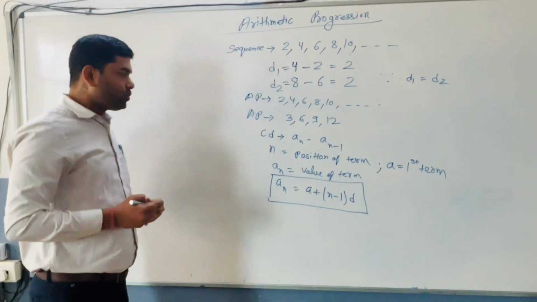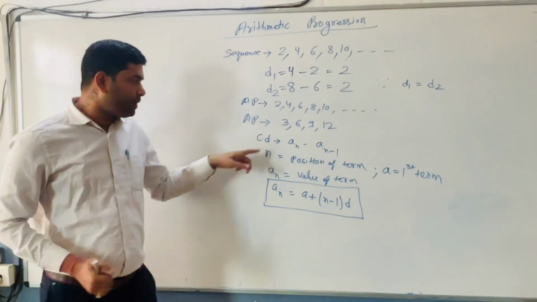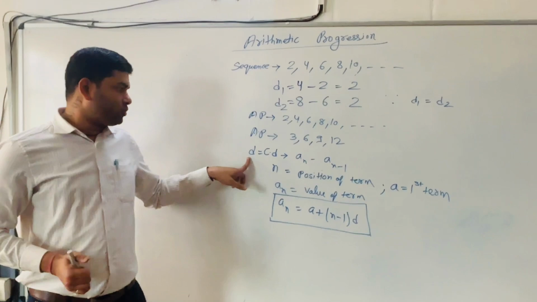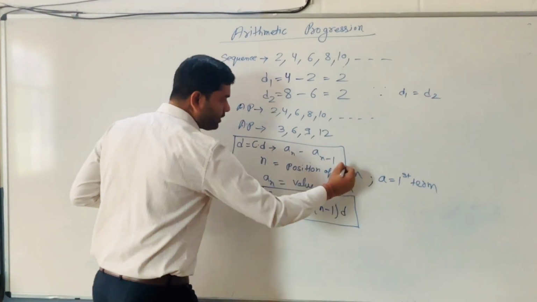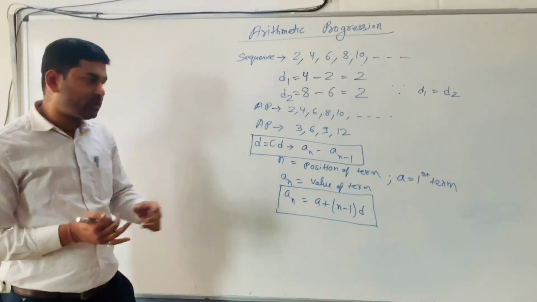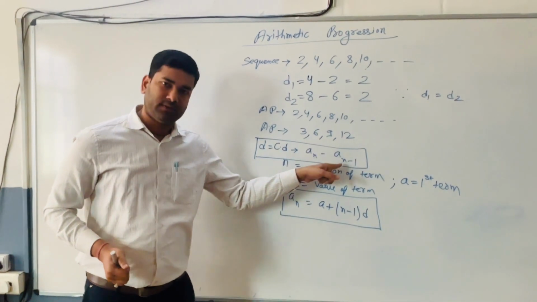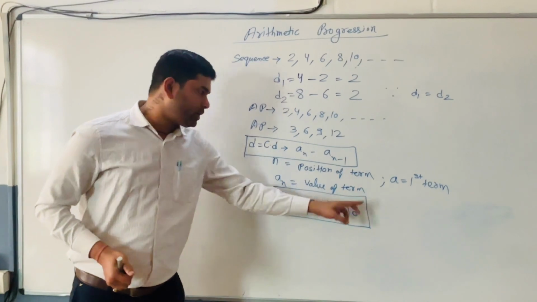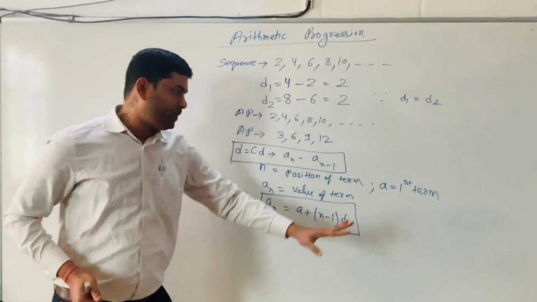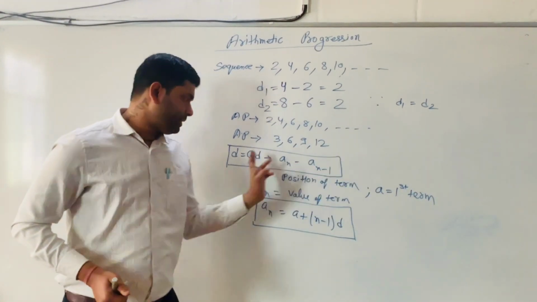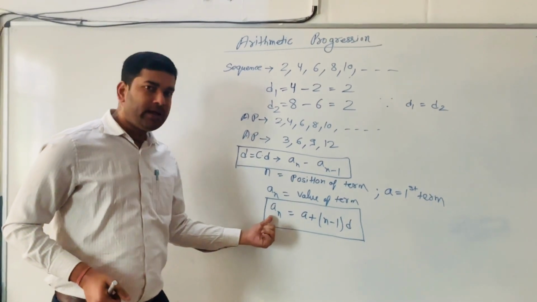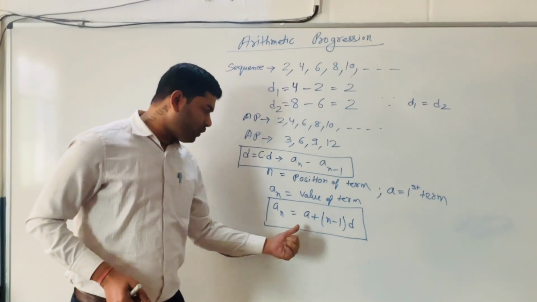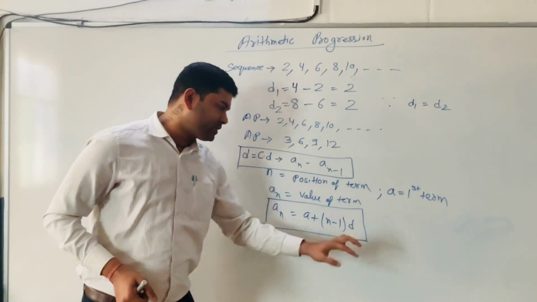The common difference is also written as small d, found by subtracting any term from its succeeding term. N is the position of the term, and a sub n is its value. Using these parameters, we use the formula a plus n minus 1 times d.